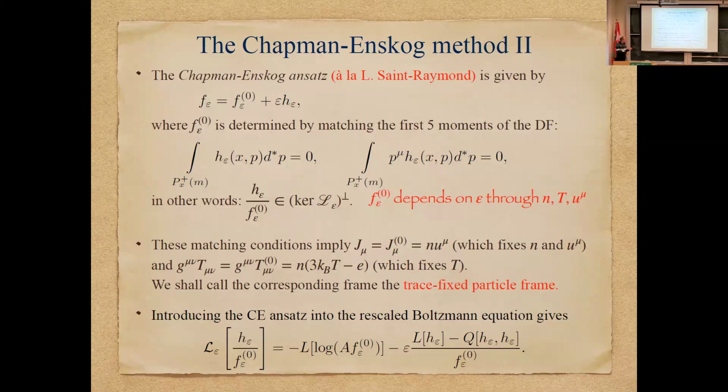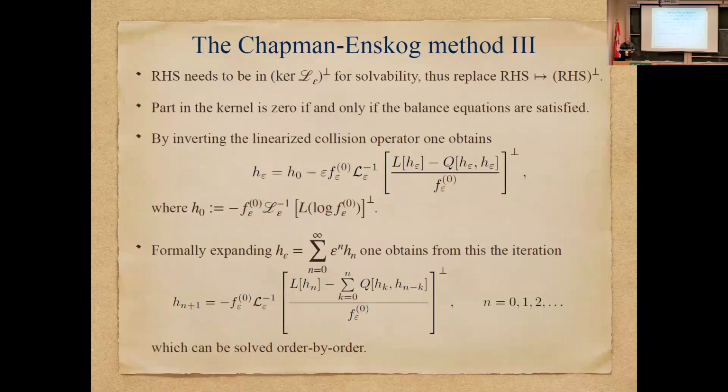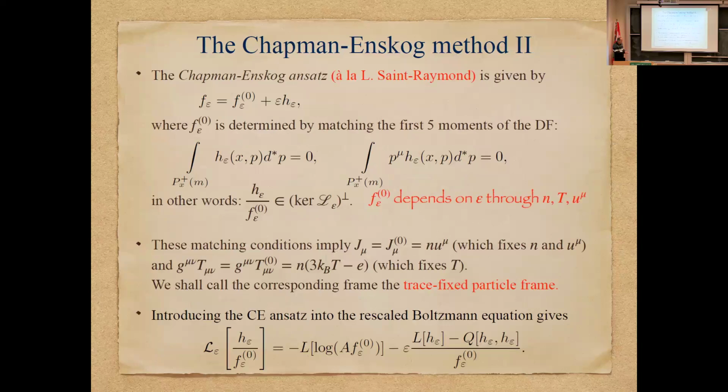So once you have fixed that, you plug this into the Boltzmann equation. So this is just the Boltzmann equation rewritten, which looks more complicated because we have now separated the 0th order term from the epsilon term. So somehow we want to solve this equation.